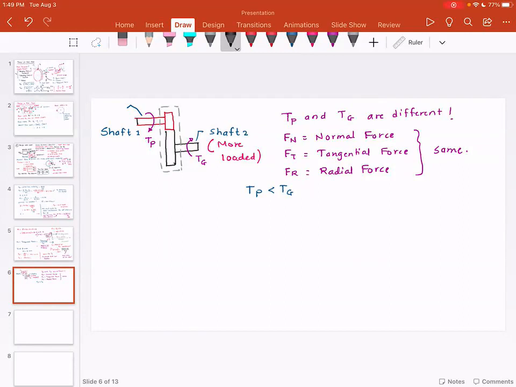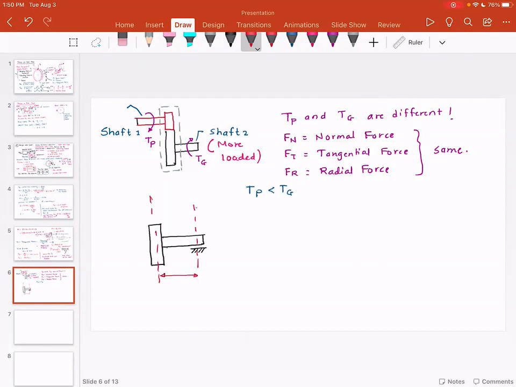So let's find out. The second assumption is, how is this gear shaft supported? And in this problem, I'm going to assume that this gear shaft is supported in a cantilever fashion. The next thing we need to find out is what is the distance from the bearing support to the center line of the gear. This distance is not given.